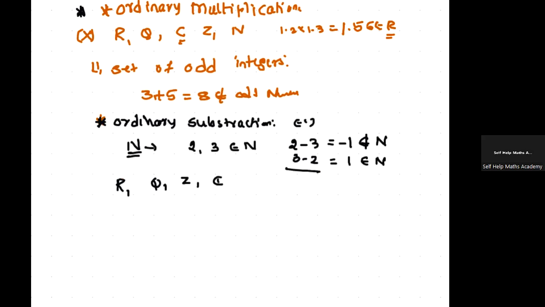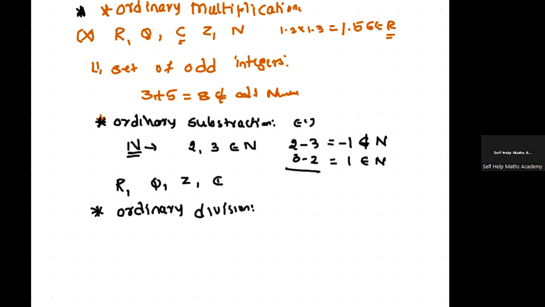Similarly, let me take ordinary division. Ordinary division is a binary operation over the non-zero real numbers, the non-zero rational numbers, and the non-zero complex numbers.